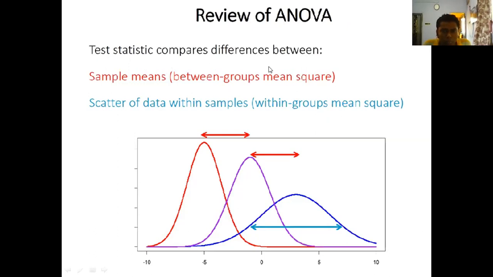So, what does ANOVA do, and why are we considering ANOVA? You can see in this picture that the test statistic of ANOVA compares differences between sample means, that means between groups mean square, and scatter of data within samples, which means within groups mean square.